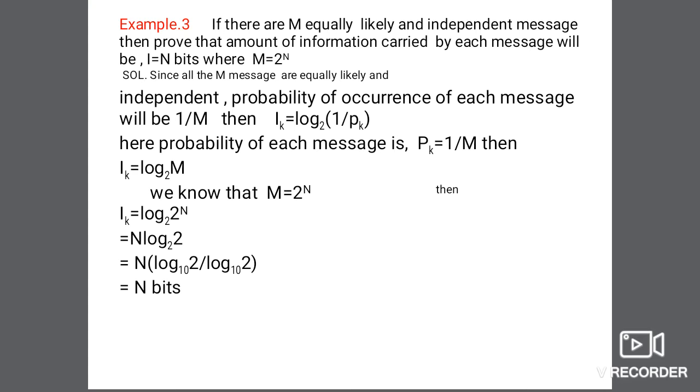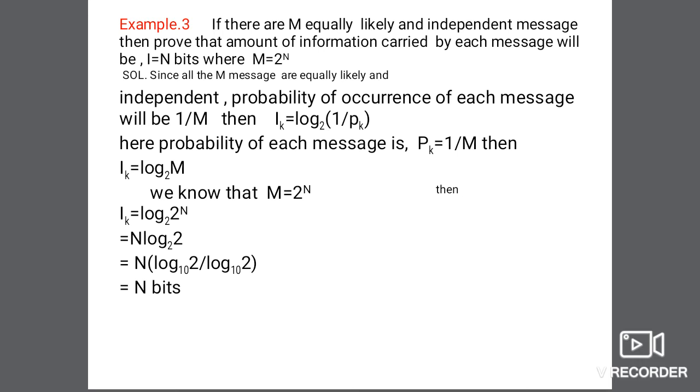Means probability p1 is 1 upon m, p2 is 1 upon m, and so on. And we know the amount of information is Ik equal to log base 2 of 1 upon pk, and here pk is 1 upon m. Then put these values in the formula: Ik is equal to log base 2 of m. Here m is 2 to the power n, so log base 2 of 2 to the power n.